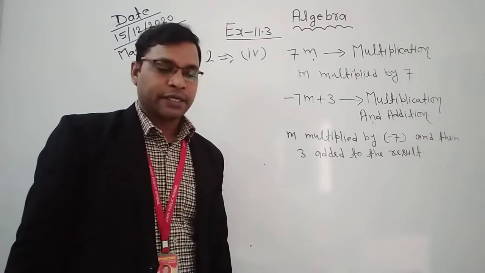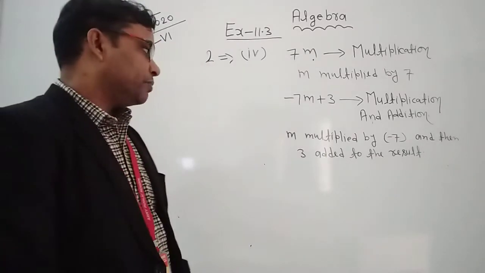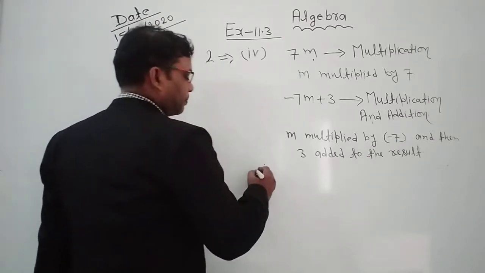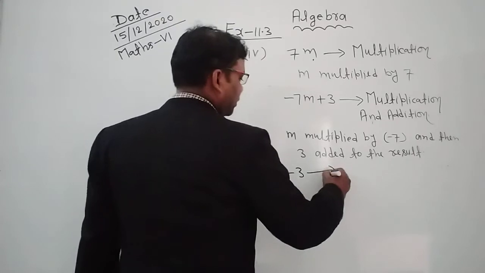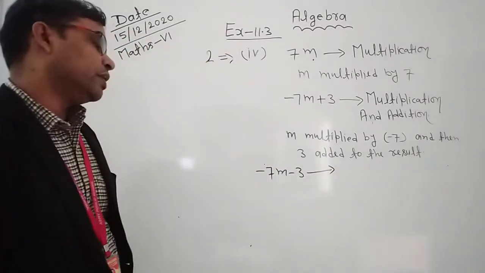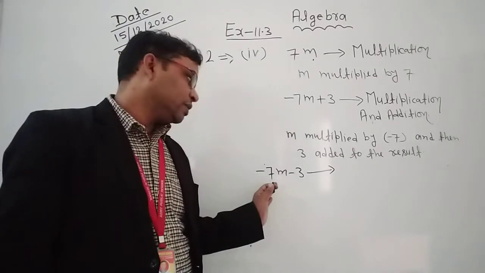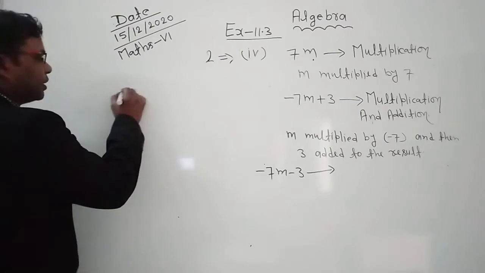Now the next part of this question is minus 7m minus 3. Here we need to identify the arithmetic operation.